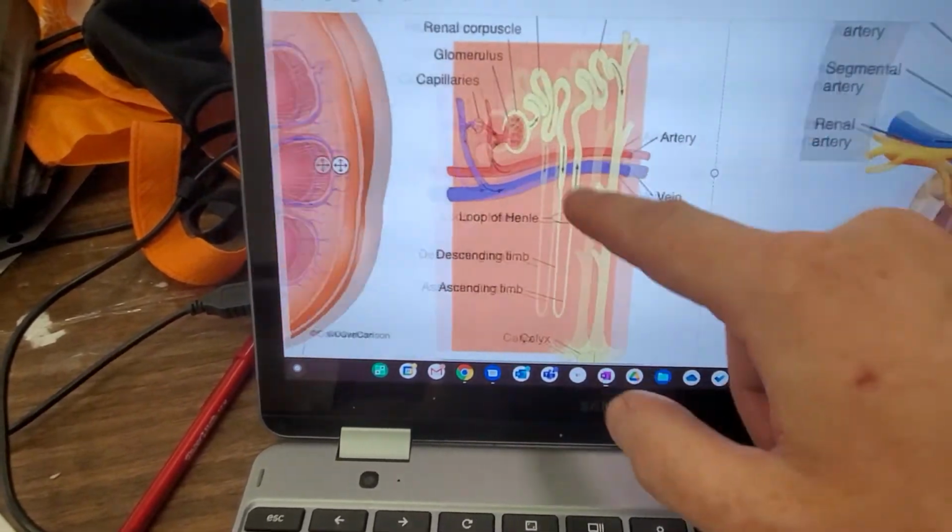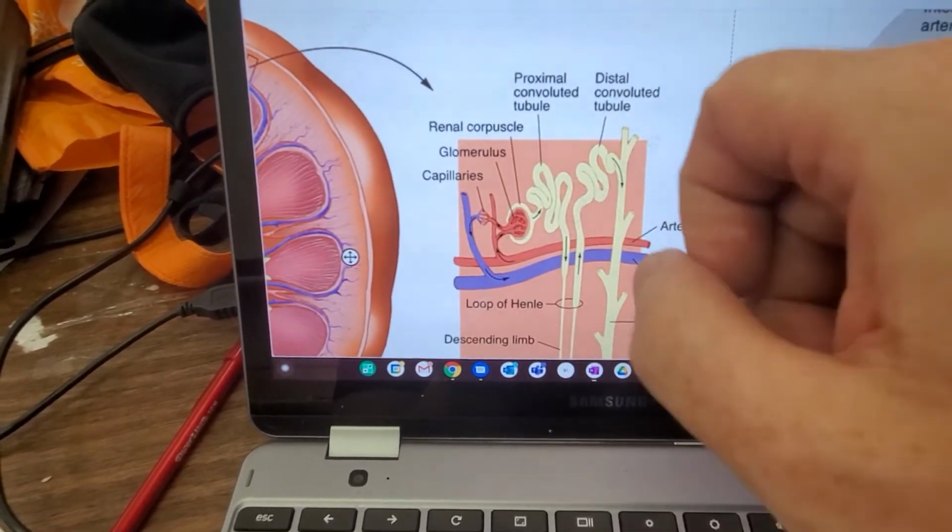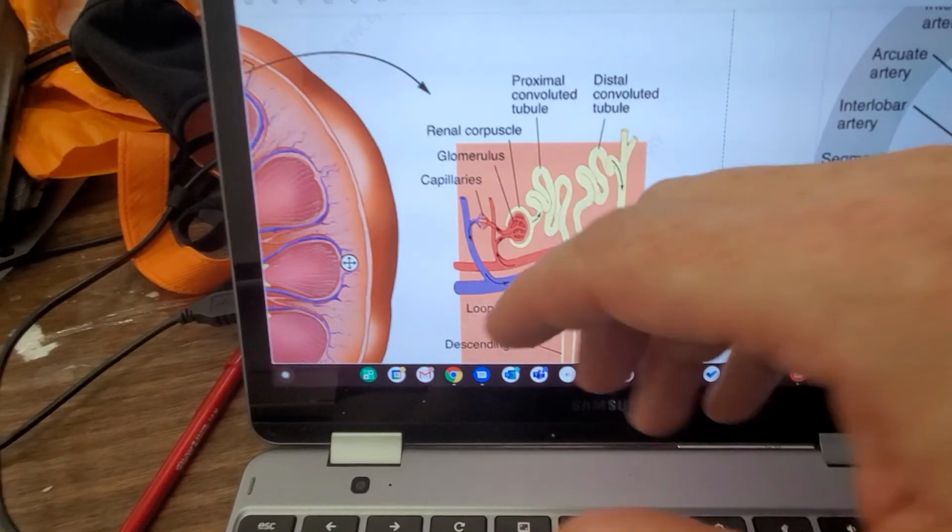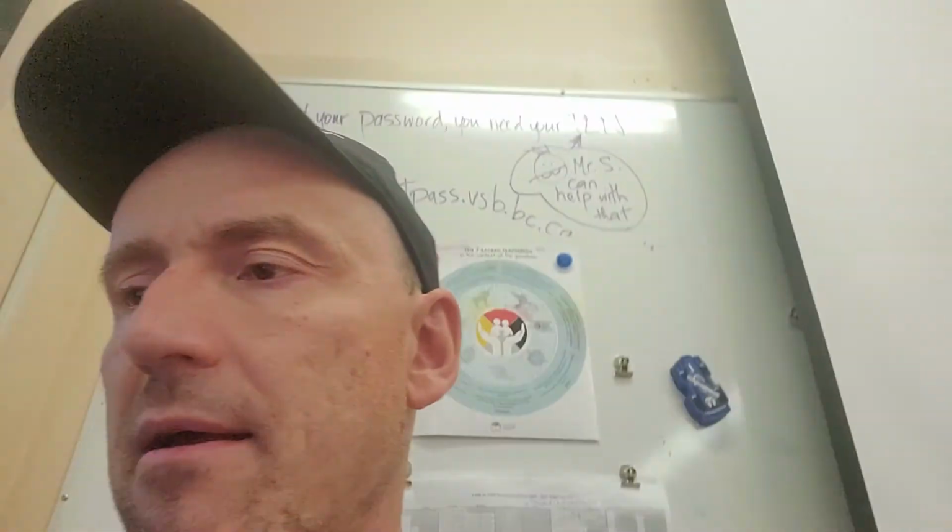What's happening is the pH of the blood is being balanced. So if it's too acidic, hydrogen ions are being dumped into the distal convoluted tubule, and if it's too basic, the hydrogens are being pulled in or kept.